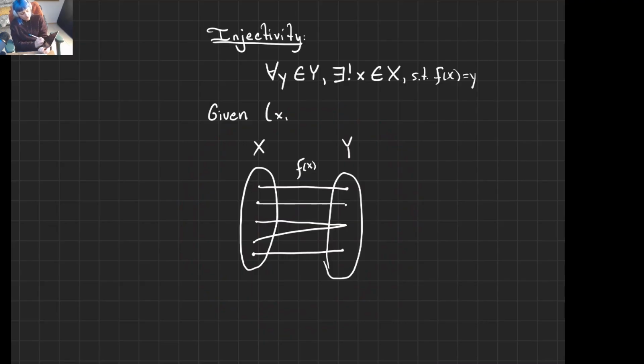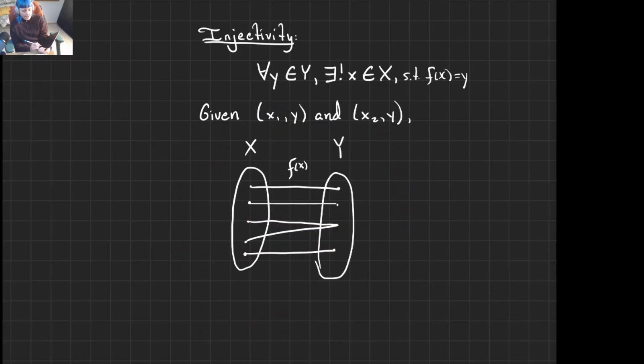So they're x1 and y, and x2 and y. Well, injectivity says that in this case, x1 would have to be equal to x2. Otherwise, it's not injective. And so our issue comes with this point right here. So this point right here, we have a y value that goes to two different x values. So it's not injective because of this.